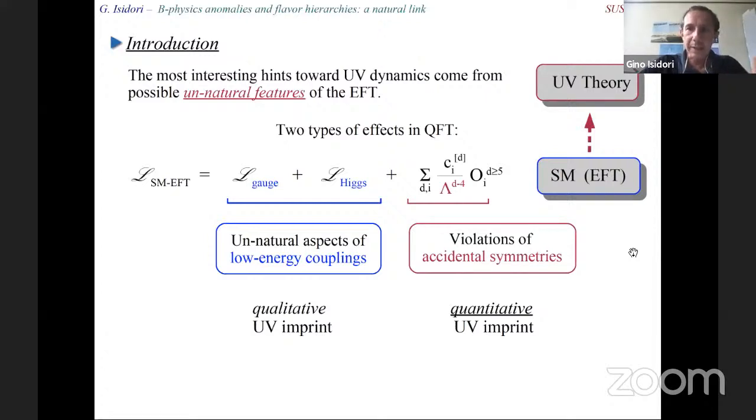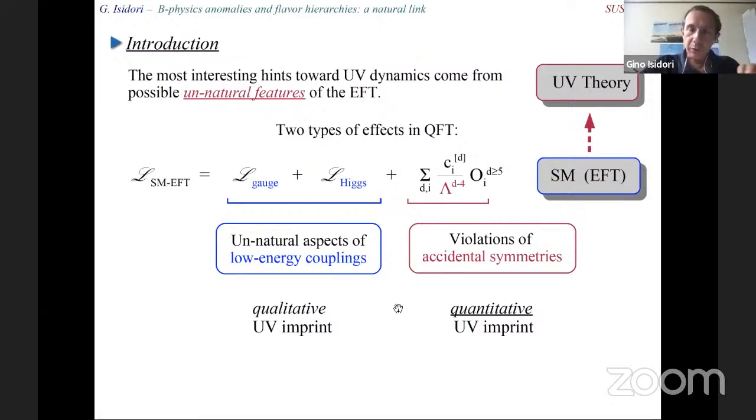There are two classes of information that I think we can deduce, which are very valuable in determining the UV theory. One is possible violation of accidental symmetries. When we build this effective theory, if we identify some higher dimensional operator that violates the accidental symmetries of the low energy part, clearly this will be a natural and powerful link to some new dynamics. This is really a quantitative hint.